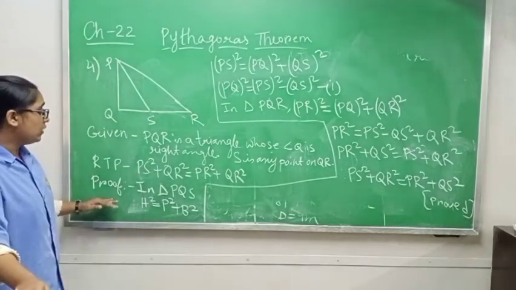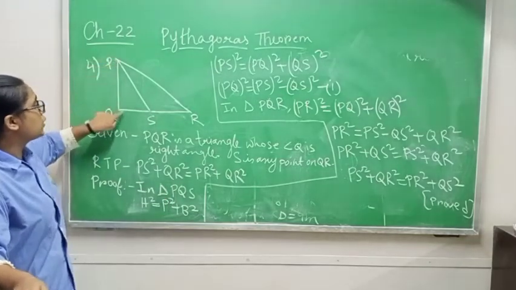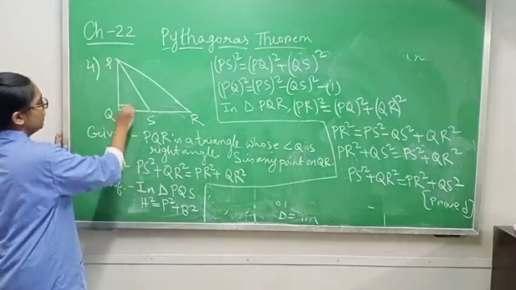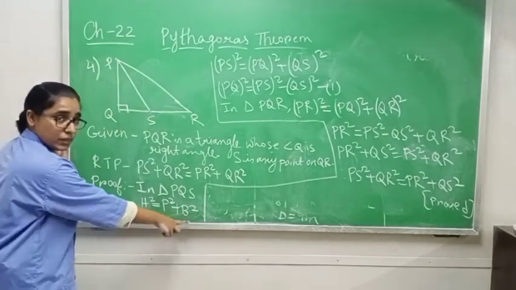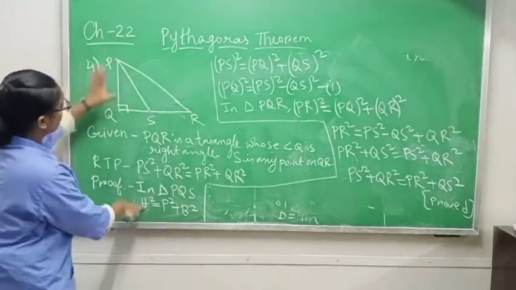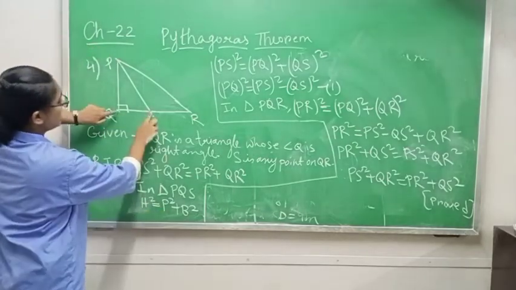Now I am taking one triangle, in triangle PQS. In triangle PQS, this is also a right angle triangle. H square equals to P square plus B square. So H is PS, P is PQ, and B is QS.